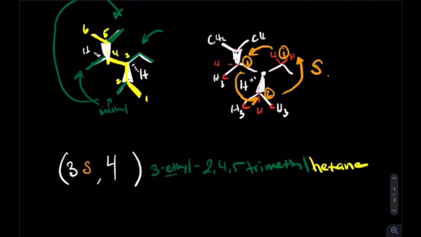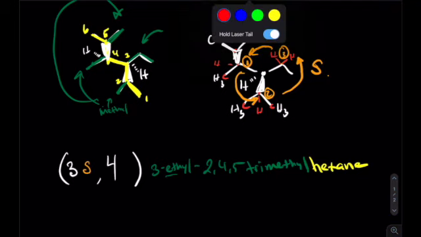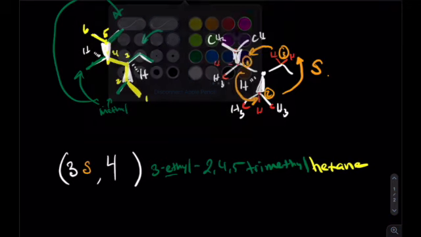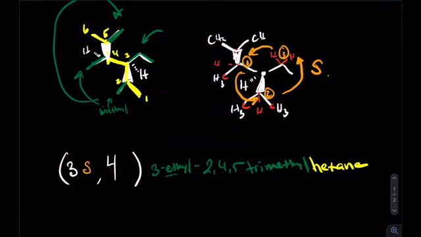So 4, if we go back over here, we've still got to do the same sort of prioritization as before, except, of course, I've drawn a lot of stuff all over it, which makes it a little hard. But we can do the same sort of thing. So let's then redraw that chiral center.